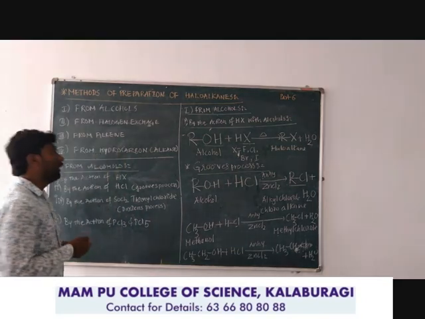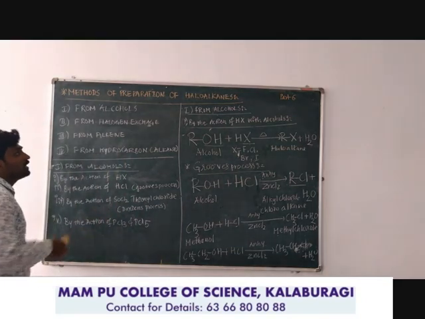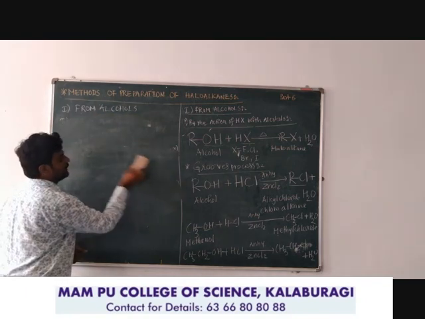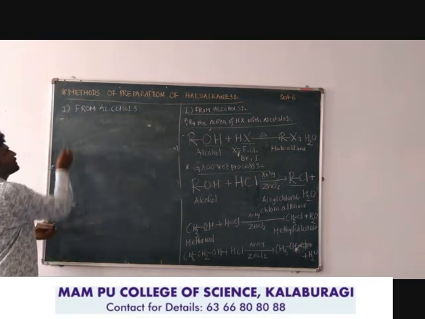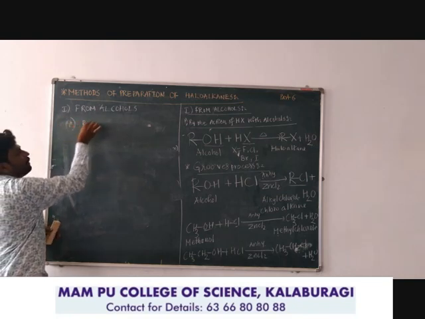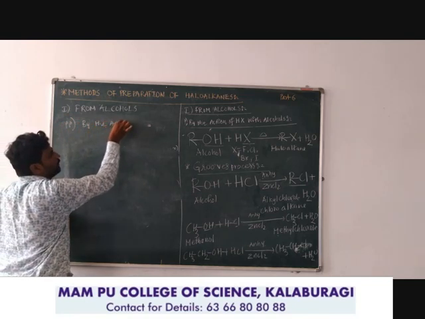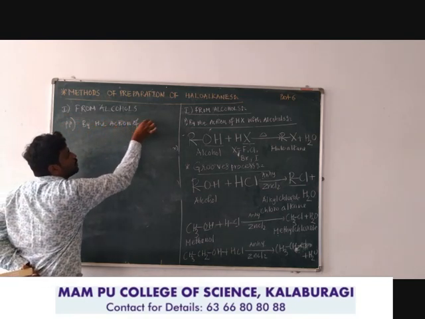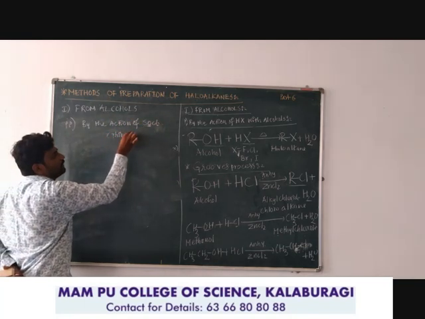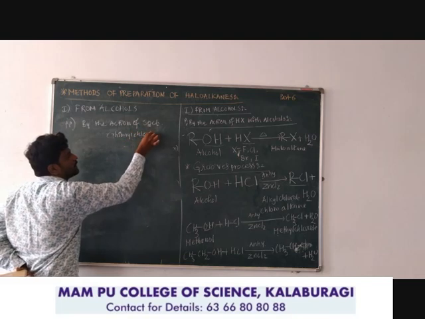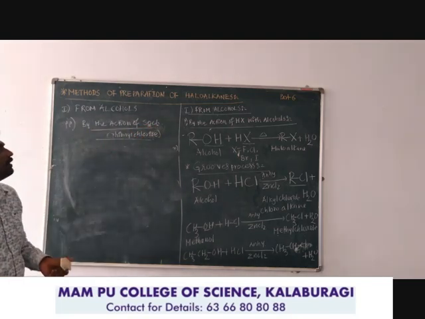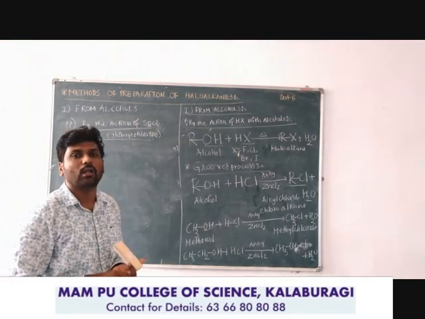So the second reagent with alcohol is the action of SOCl2, that is thionyl chloride. Thionyl chloride is the chemical we are going to mix with the same alcohol.